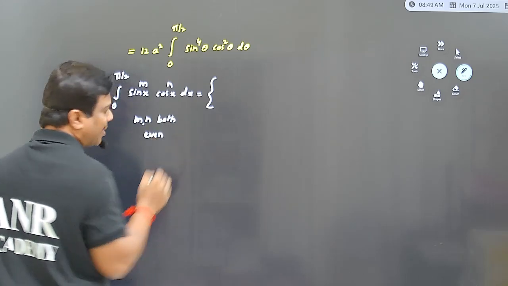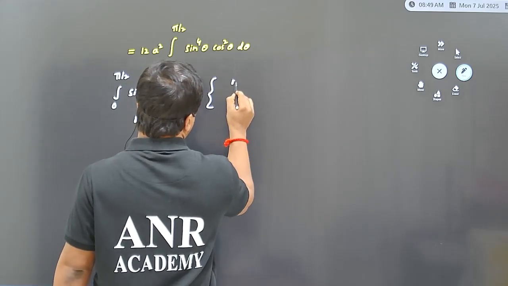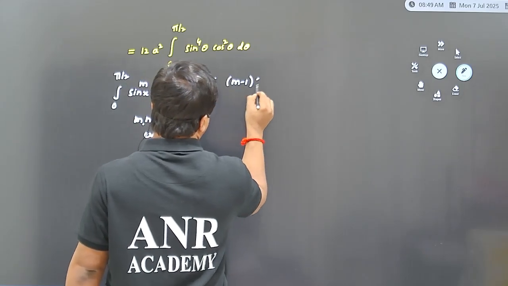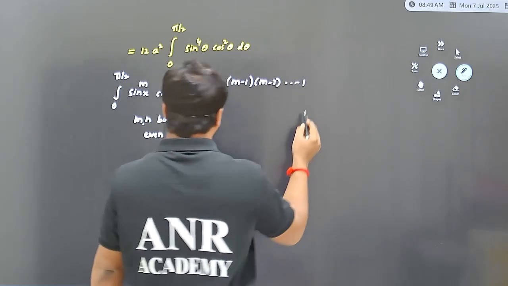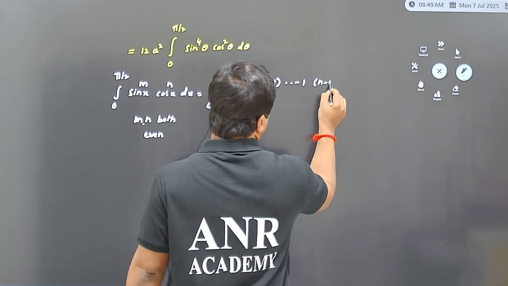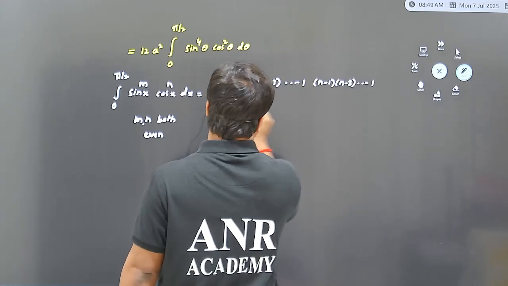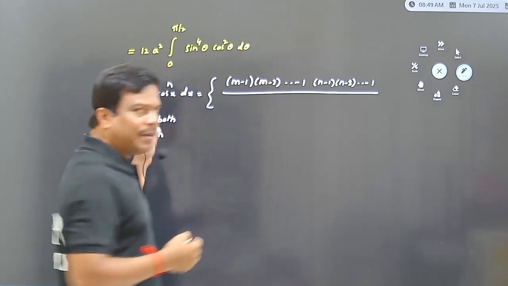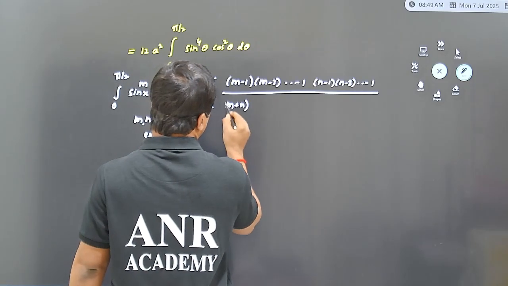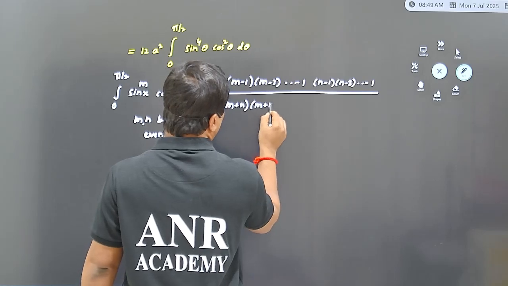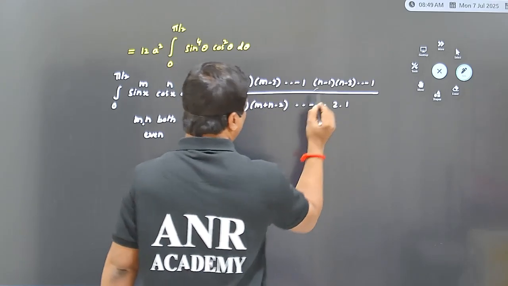When m, n both even numbers, then the formula is: in the numerator m minus 1, m minus 3 and so on up to 1, multiplied by n minus 1, n minus 3 and so on up to 1, whole divided by, in the denominator, m plus n, m plus n minus 2 and so on up to 1.